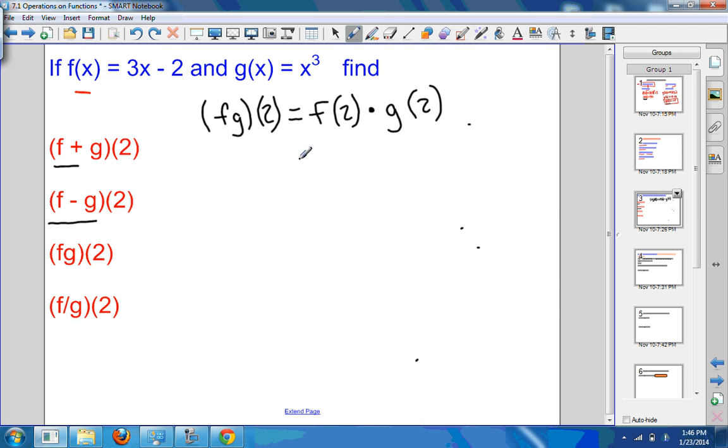So f of 2 is going to equal 3 times 2 minus 2. Now multiply that by g of 2, which is 2 to the third power. All right? The key here is we have to make sure that we simplify these down before we multiply them. All right?